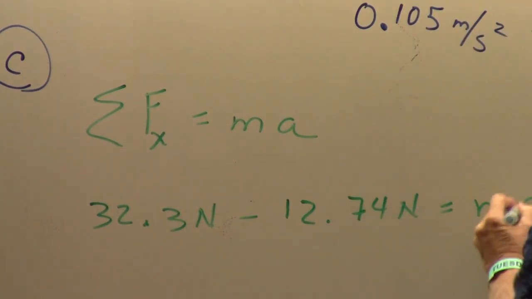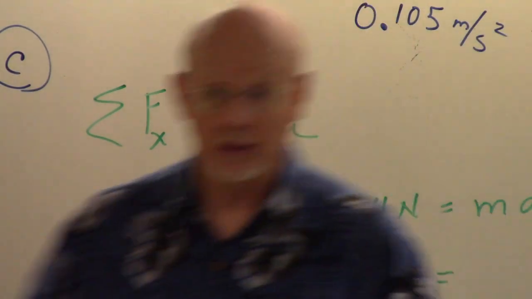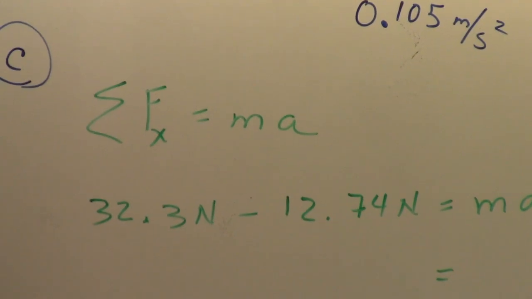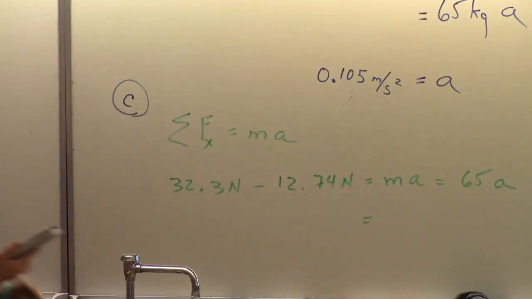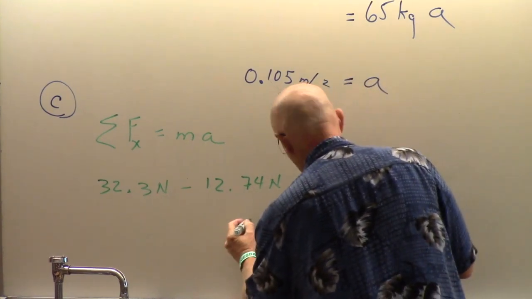That has to equal ma, where m is still the 65, and so I'll get a greater acceleration because of less friction. So 32.3 minus 12.74, each divided by 65, and I get an acceleration of 0.3.